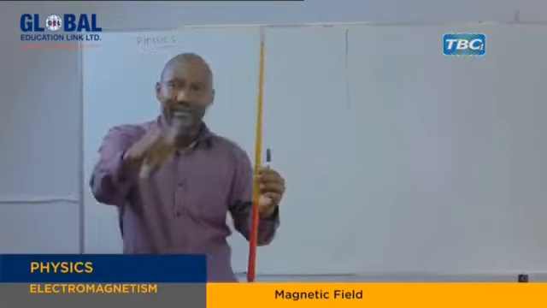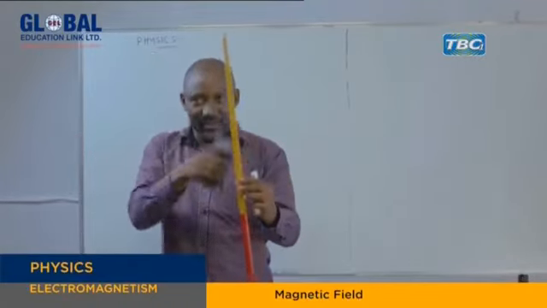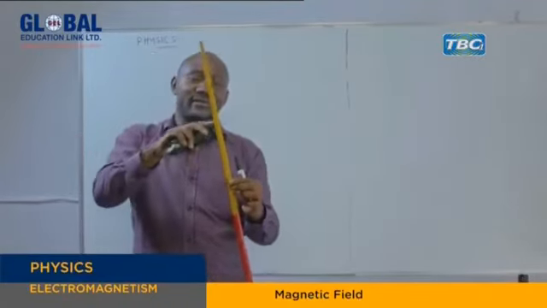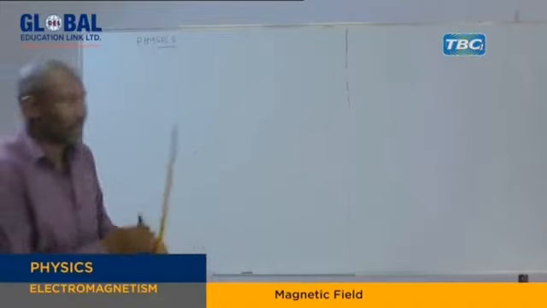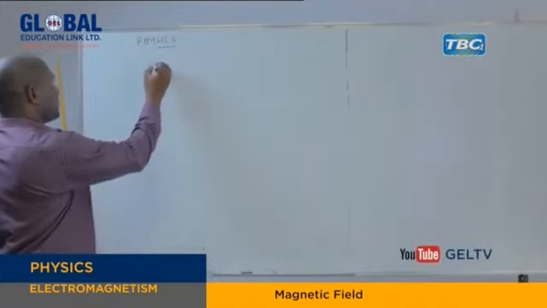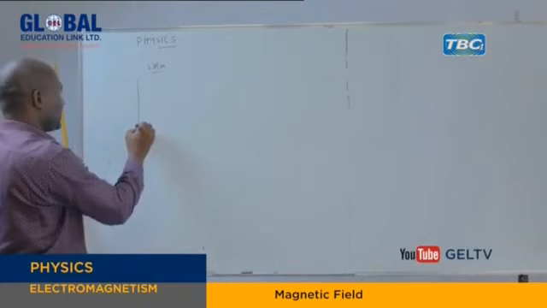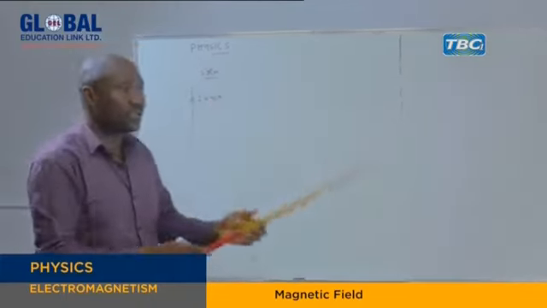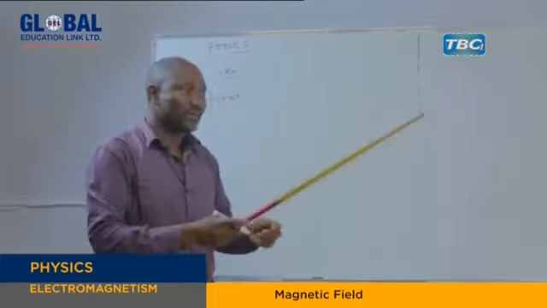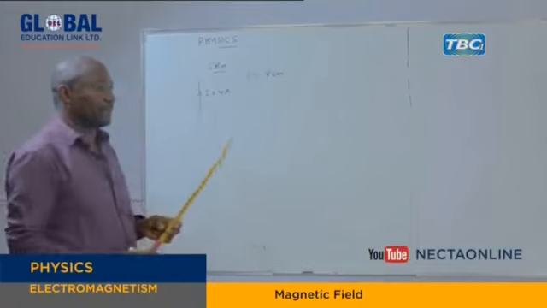This wire was bent to form a square, and then bent to form a circular loop. We are given, this is the solution. Initially, this was the current, 4 ampere, flowing through that conductor, and the length is given as 8 centimeter.